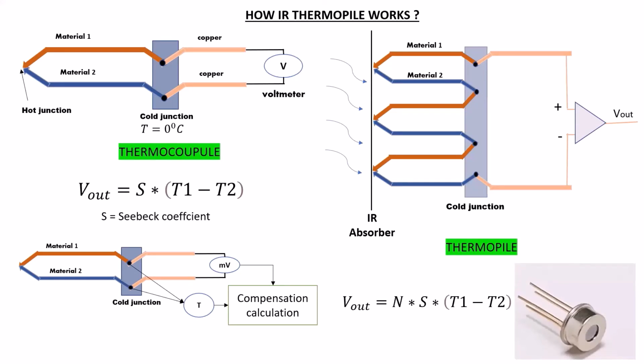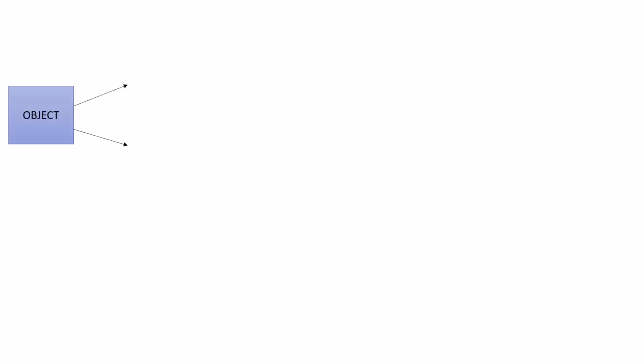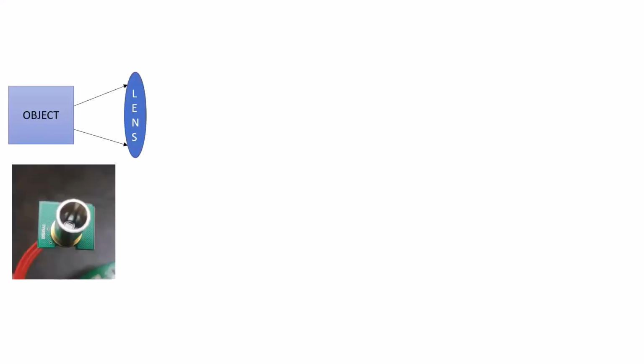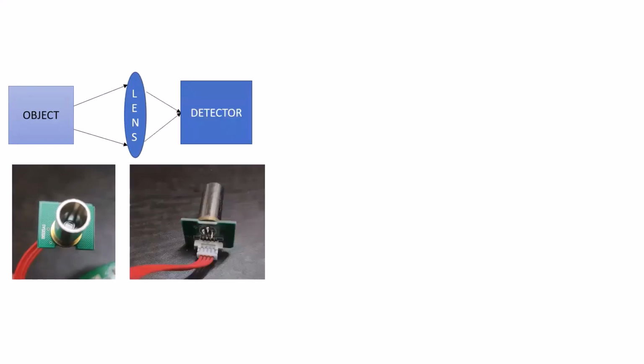Now this is a typical IR thermopile, whose two pins are for the thermopile and the other two are the reference for cold junction compensation. In summary, the object emits IR light. Then the lens focuses this IR light and sends it to the detector. The detector absorbs this IR light and converts the heat energy to an analog signal.